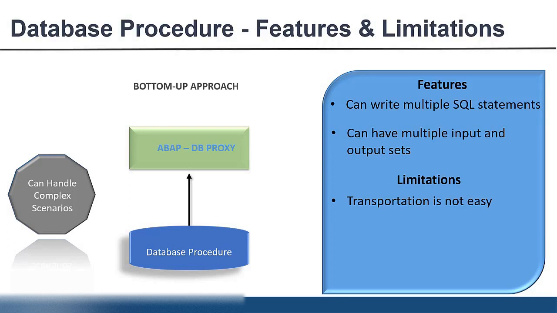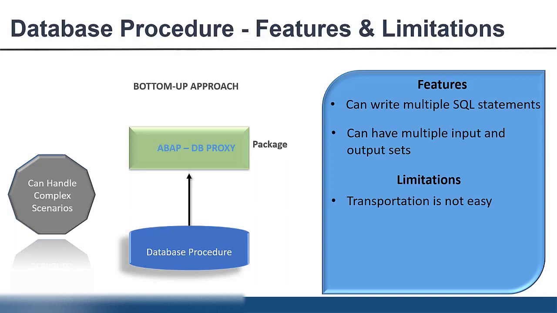For example, if you create a database procedure in HANA database, you will be creating that in a certain package. And then on top of that procedure, if you try to create a proxy in the ABAP layer, that proxy you will be creating in some other package. And if you consume that proxy in different ABAP programs, you might create those programs in different packages or the same package.